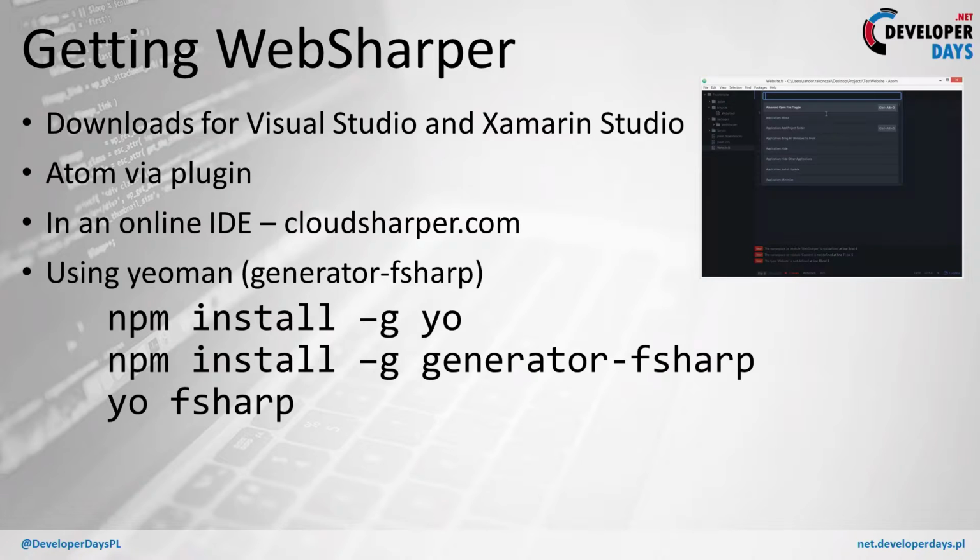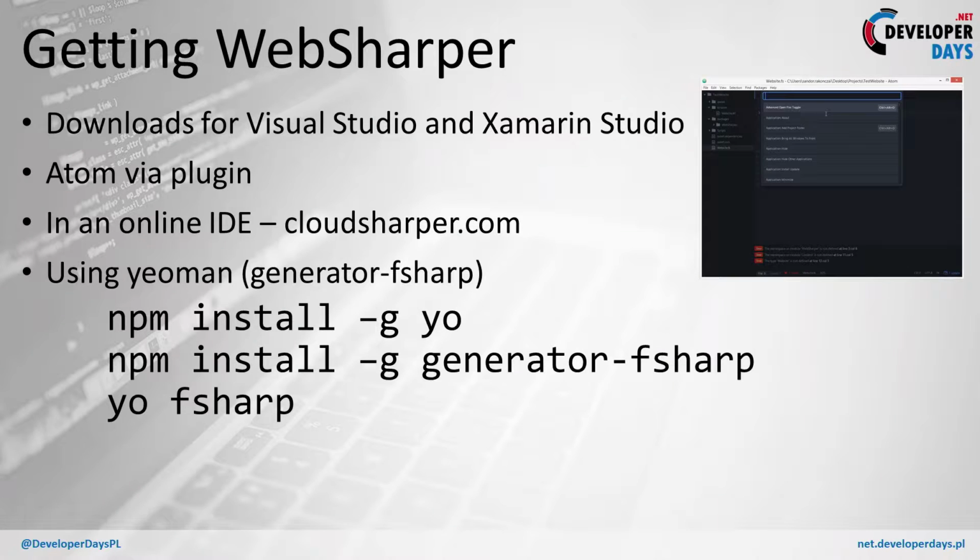You can basically get WebSharper in different ways. It's integrated into Atom, for example. We have a plugin for Atom, but for the main part, this is a .NET tooling in Visual Studio and Xamarin Studio. You can, of course, compile these applications from the command line.